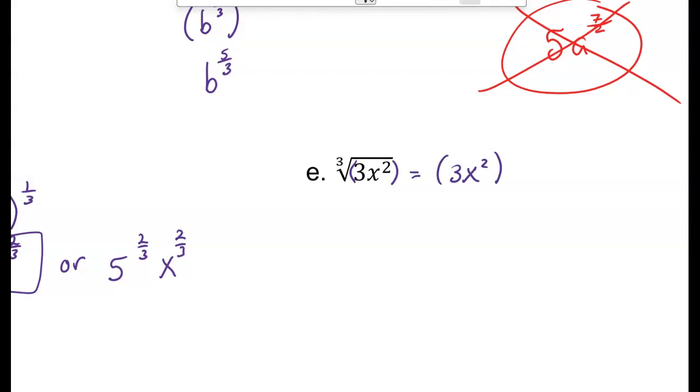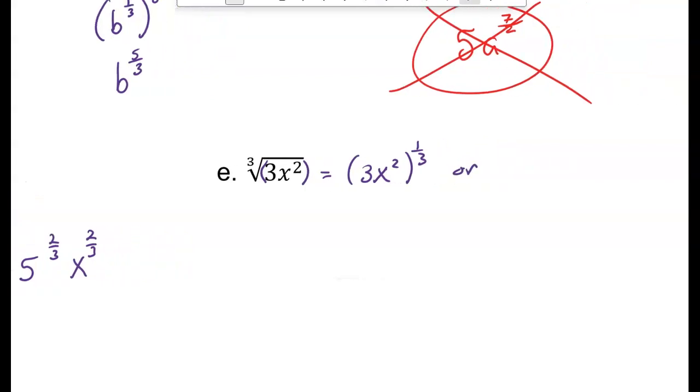That quantity being raised to the what? 1/3. And if you left it like that, because right now, are we simplifying? No. We're just changing form. Right now, we're just converting forms. We're not simplifying yet. So, if this is the case, you can leave it like that, or what's your other answer I'd be okay with?